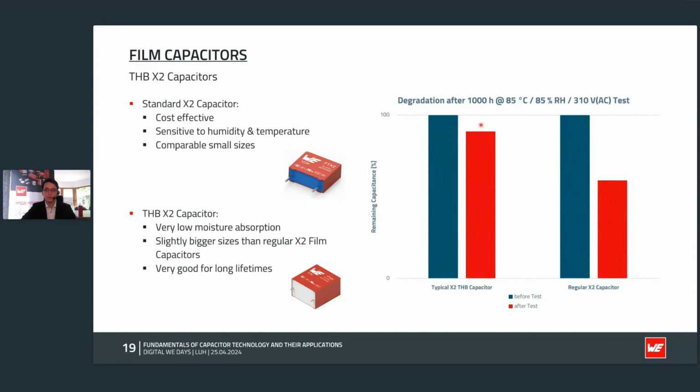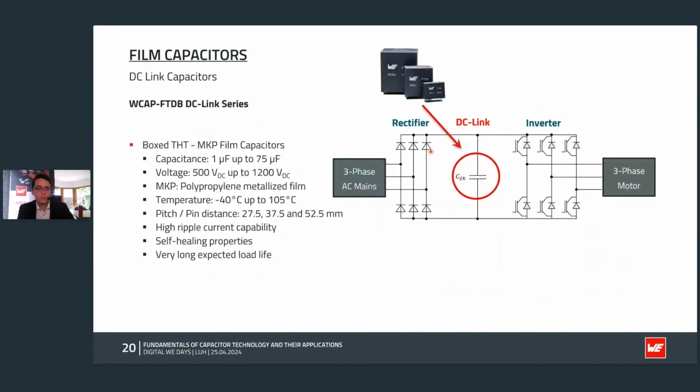I'm talking here about the type 3B types, but in a lot of cases, the degradation is even better for these THP types. So let's talk a little bit about DC-link film capacitors. They are used after the rectifier and before the inverter.